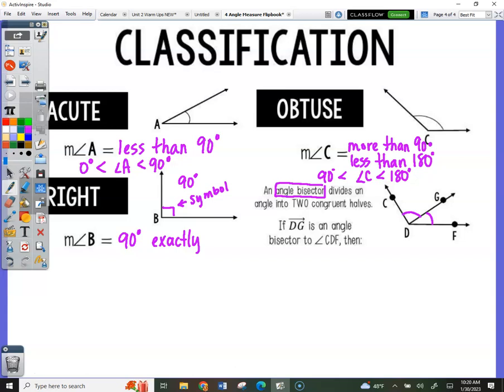Now let's write a congruent statement. I want you to name the first angle congruent to the second angle, and I want you to write it right here. So your name of the first angle is congruent to the second angle.